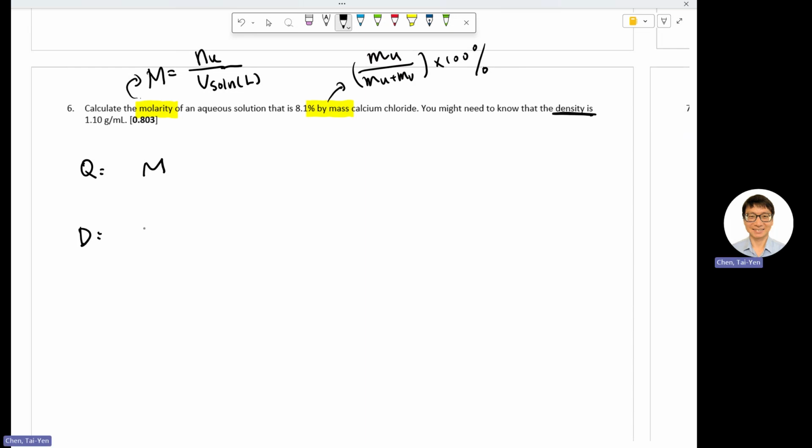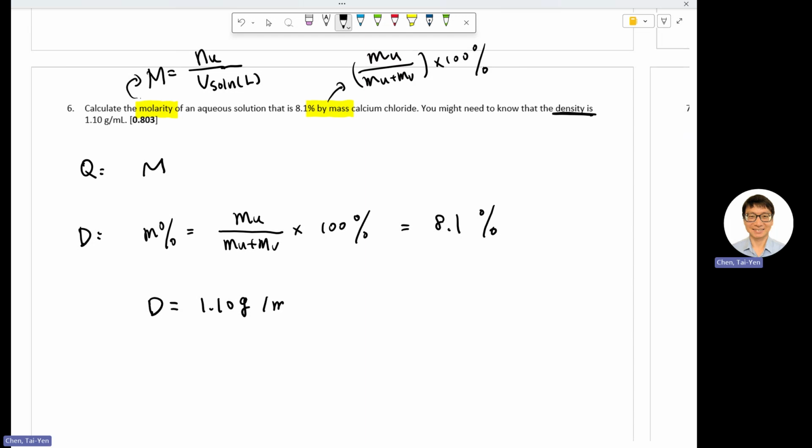The data is your mass percent, okay, equals mass of your solute divided by the mass sum of solute and solvent times 100%, right? This equals 8.1%. Okay, and then the density is 1.10 gram per milliliter.